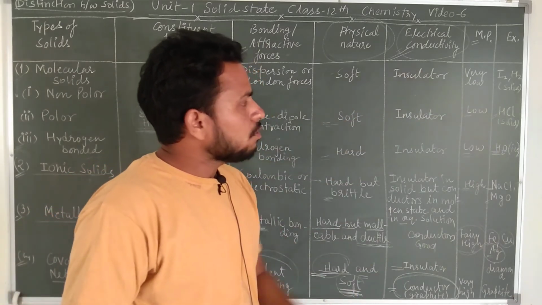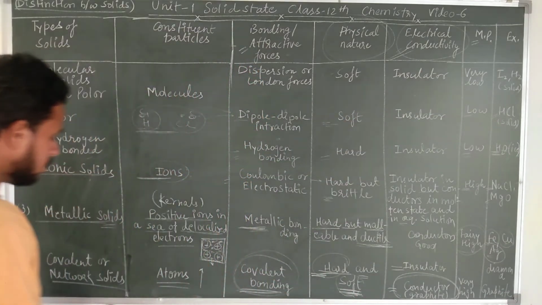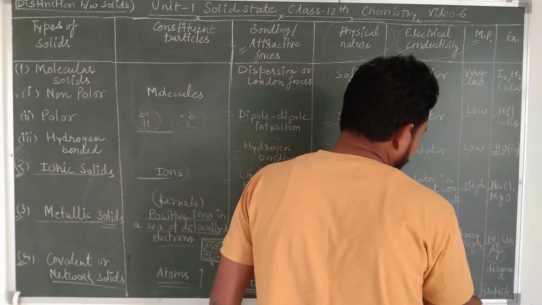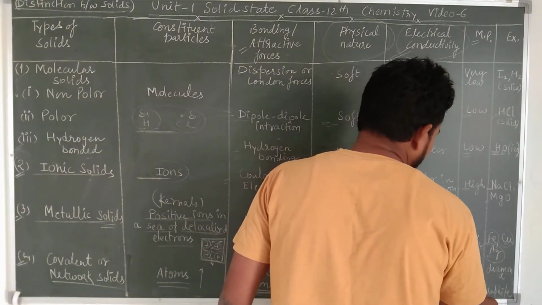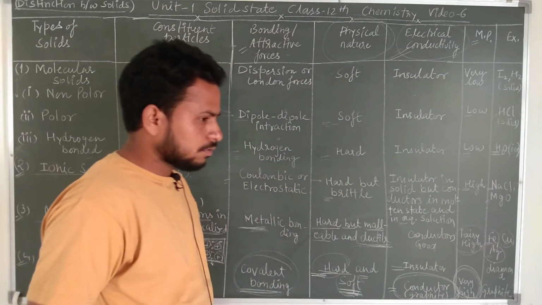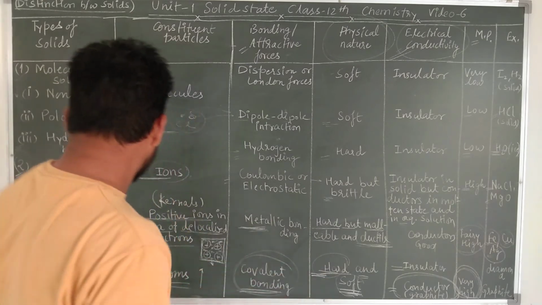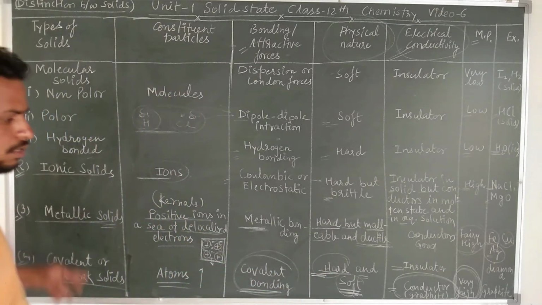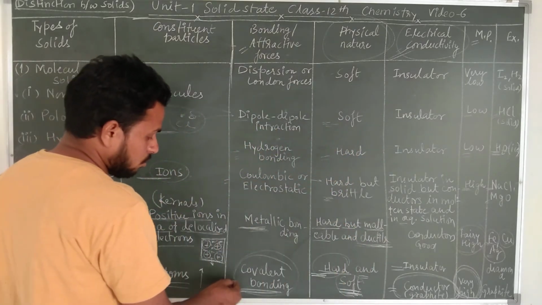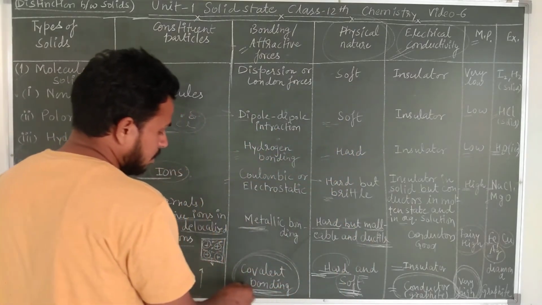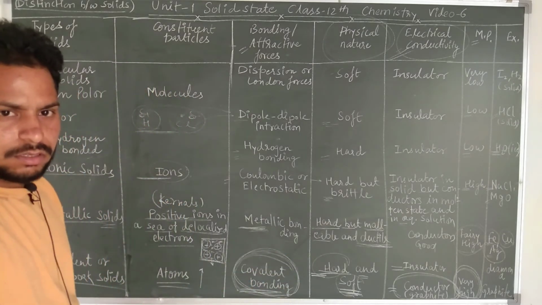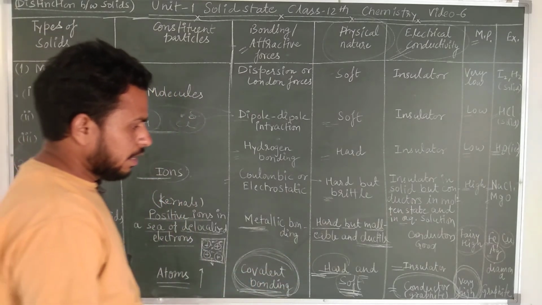And further we talk about melting point. Their melting point is very high compared to metallic solids and ionic solids, because they possess covalent bonds.